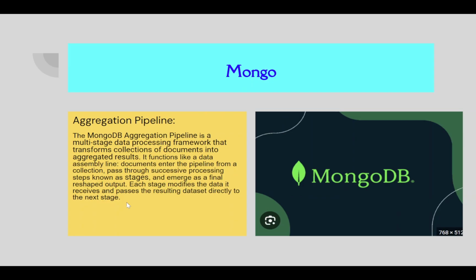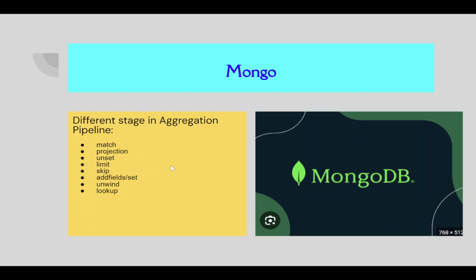But Studio 3D has a special feature where you can load this aggregation pipeline into Studio 3D and debug locally, stage by stage. I will show that in my next videos. That will be really interesting and really helpful. And if you're working on real-time applications using MongoDB, you have to deal with aggregation pipelines.